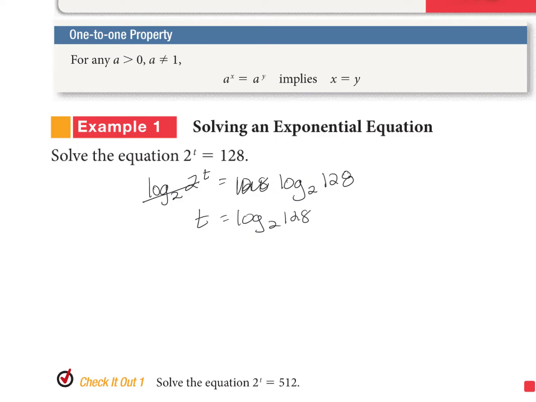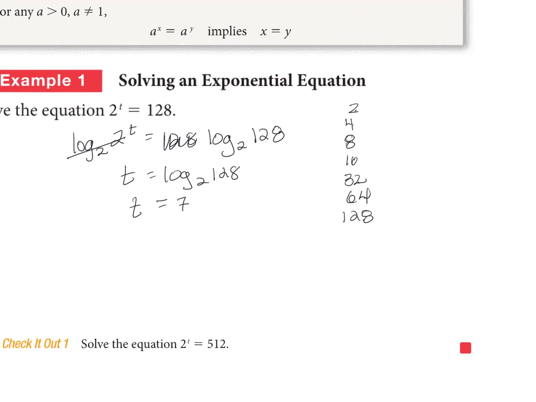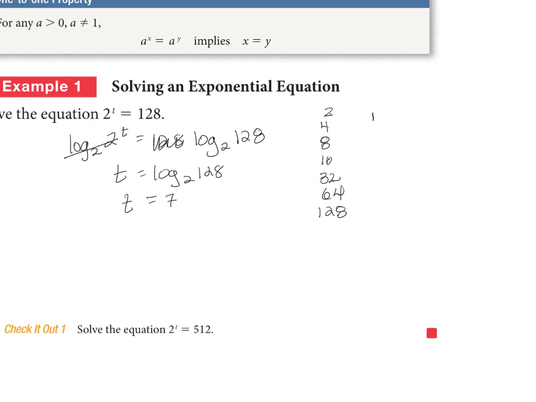Now you can run through the powers of 2, right? 2, 4, 8, 16, 32, 64, 128. 1, 2, 3, 4, 5, 6, 7. So t equals 7.